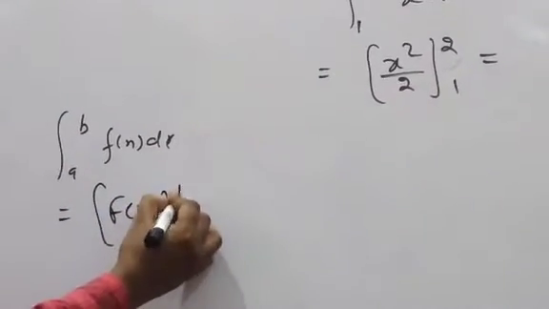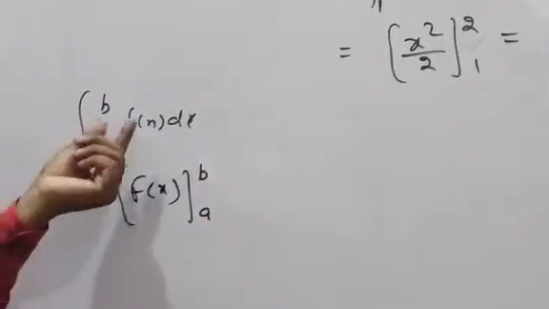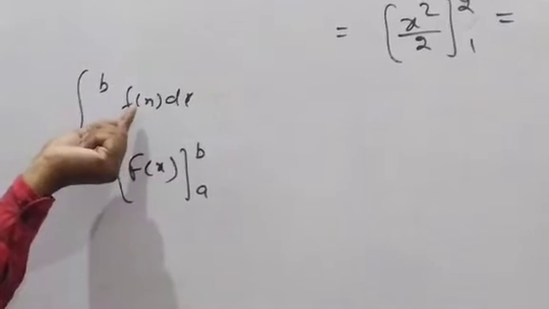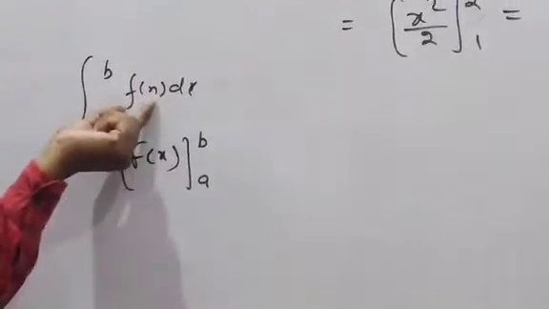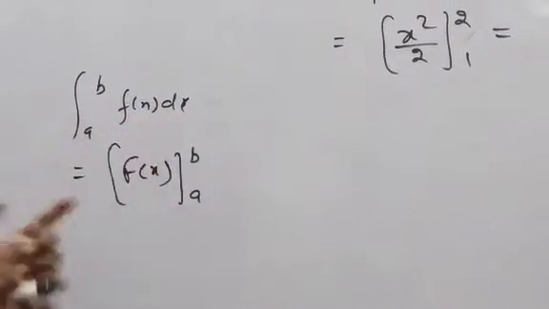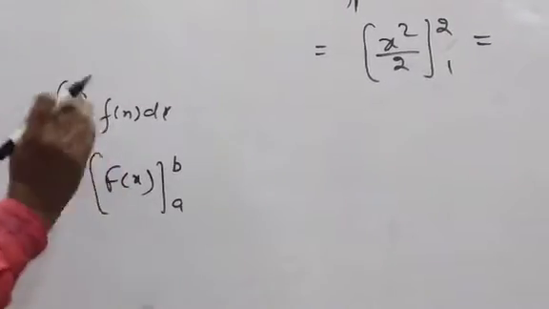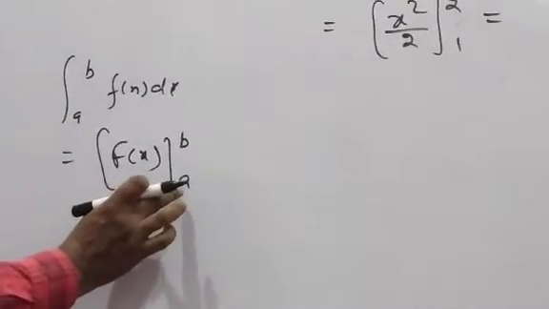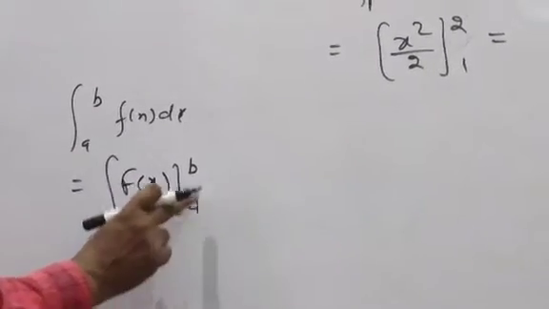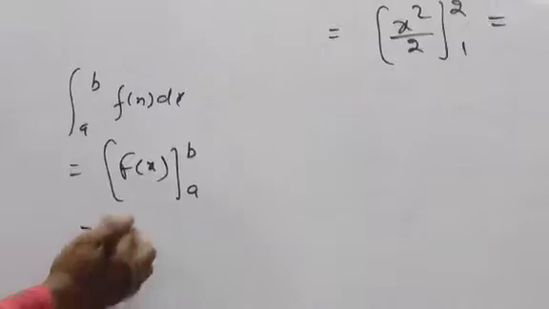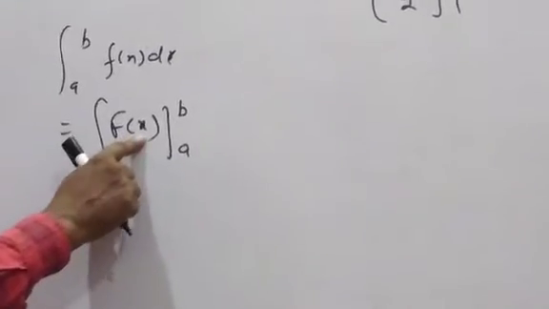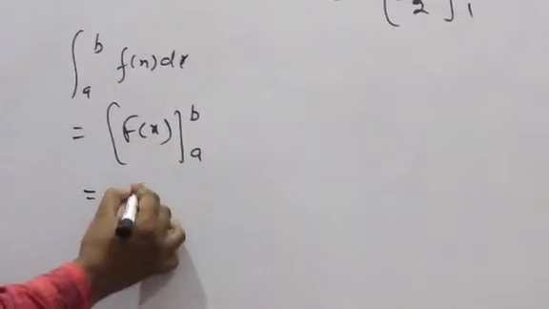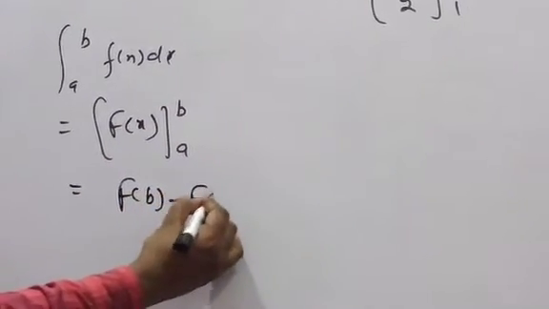the integral from a to b of f(x) dx, if any function is given, first of all we integrate the given function with respect to x. After that, we take the result of the given integration and write the limit. a to b, a is the lower limit and b is the upper limit, and in the place of x in the whole function we put the upper limit, then subtract the lower limit, that is F(b) minus F(a).